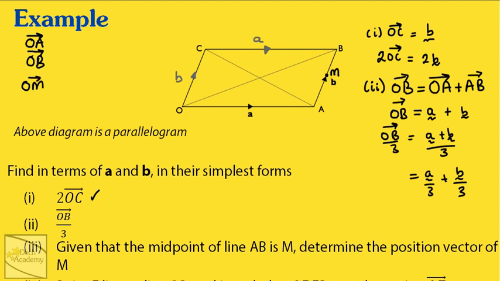Now, given that M is the midpoint of AB, I know that AB is the vector B. The vector AM must be B over 2. Let's think of it this way. If the vector AB is B, the vector AM must be equal to AB divided by 2.